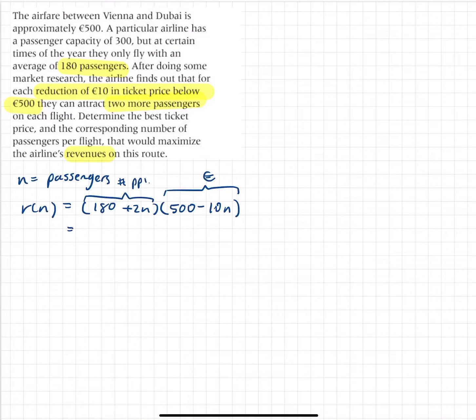So really quickly, we can expand this. So this becomes 90,000 minus 1,800n plus 1,000n minus 20n squared. And if we combine like terms, we get negative 20n squared minus 800n plus 90,000.